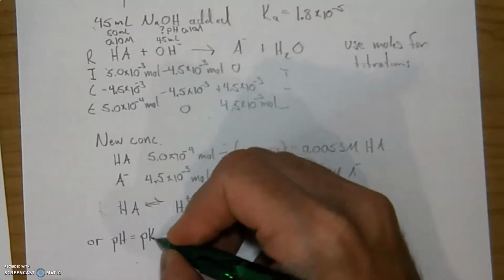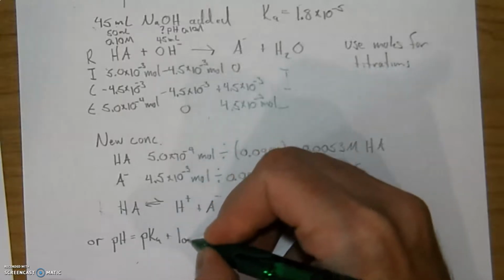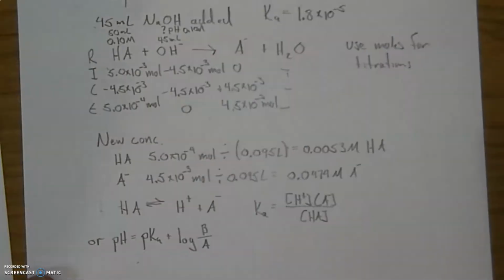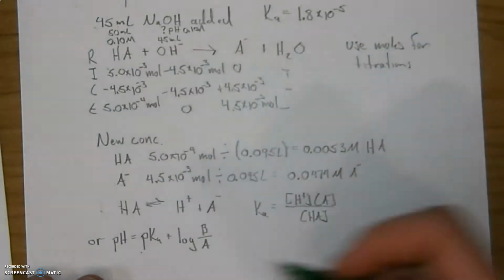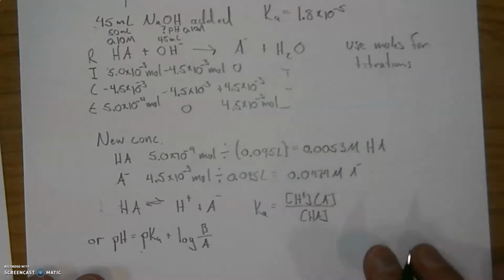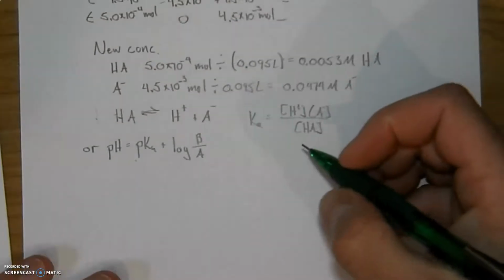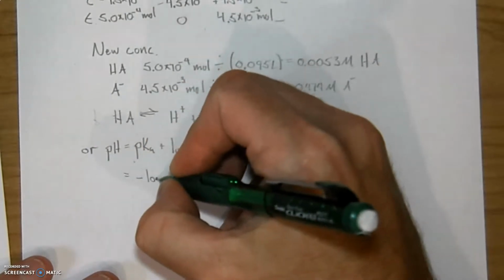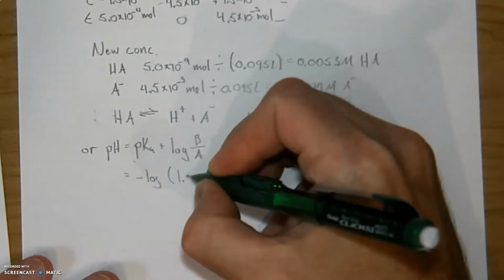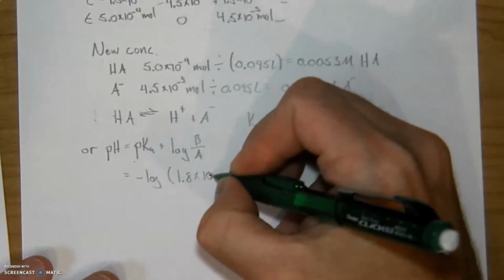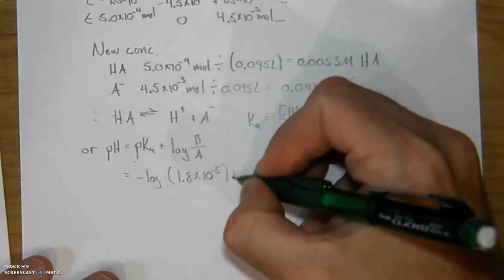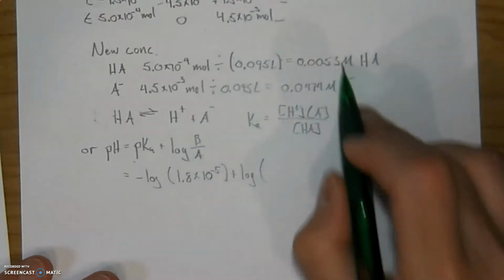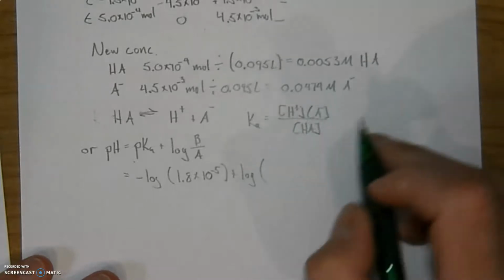Again, either one of these methods will work fine. I'm not going to show you the other because we've done it a lot, and this just happens to be easier. I want to solve for pH. That's exactly what it's asking for. So putting these parts in here, we'll say negative log of the Ka, which I wrote down earlier, plus the log of these two values that we now have, making sure you put the base over the acid.